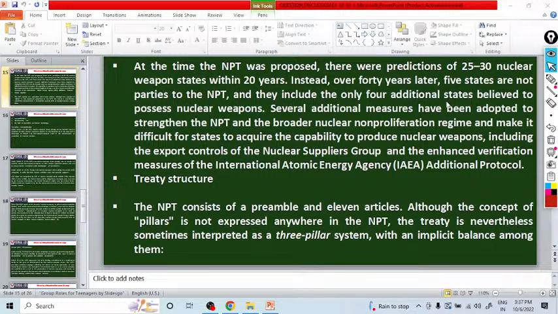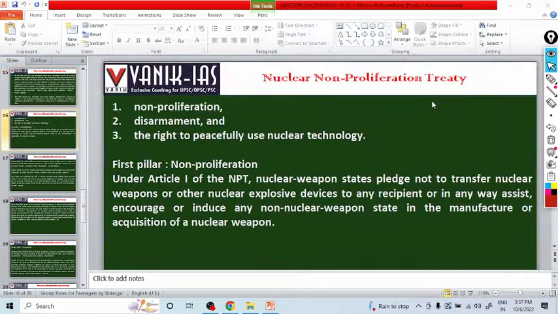Fine. So, what are the provisions? Non-proliferation, disarmament, and the right to peacefully use nuclear technology. These 3 things are highlighted in this treaty. One is non-proliferation, second is disarmament, third is the right to peaceful use of nuclear technology.